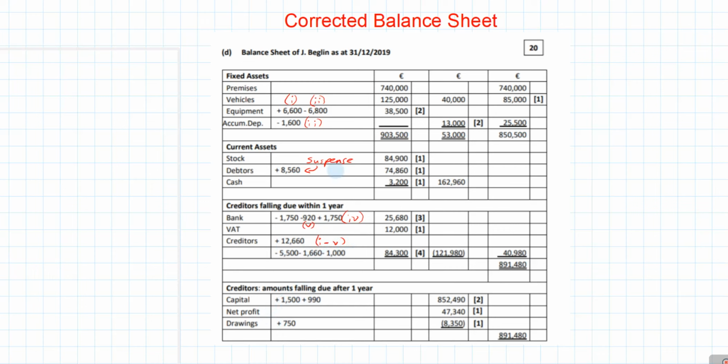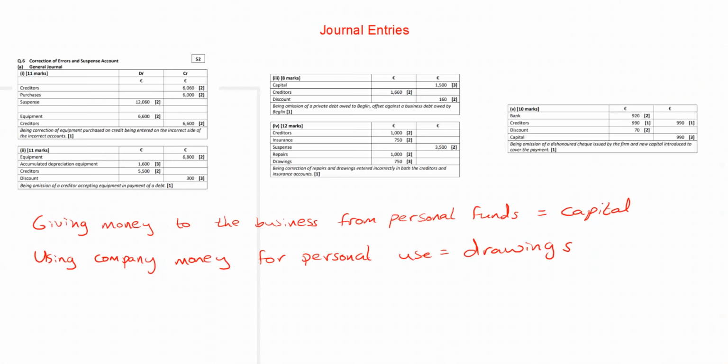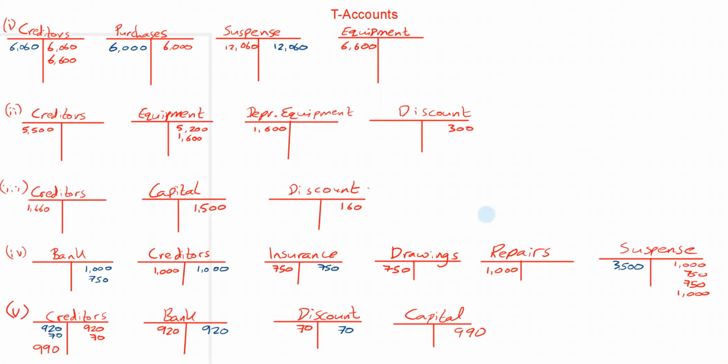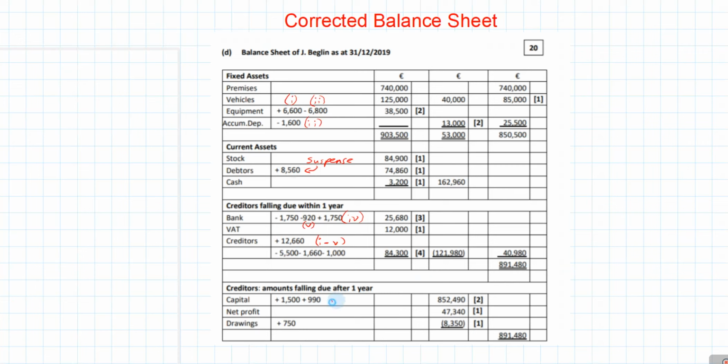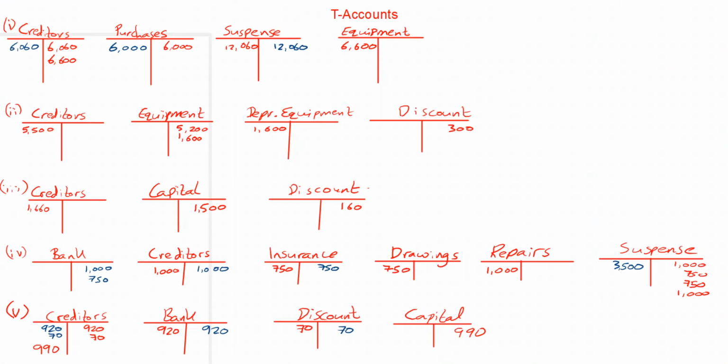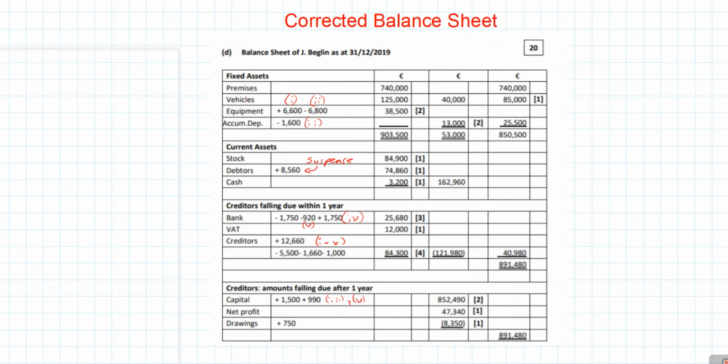Creditors, capital, I think it was 4 and 5. Capital was 3 and 5. So 3 and 5, and drawings was 4.